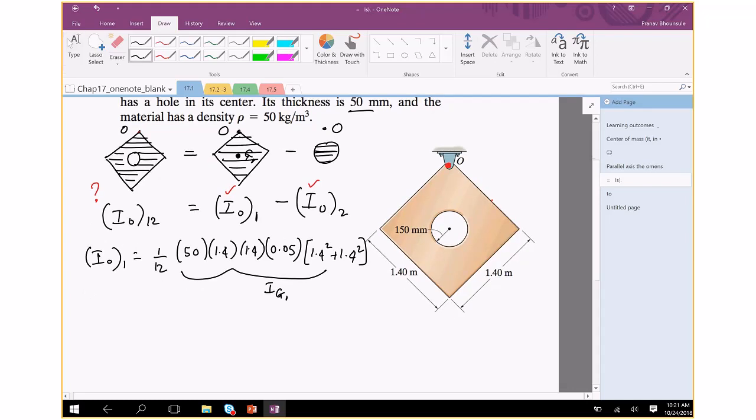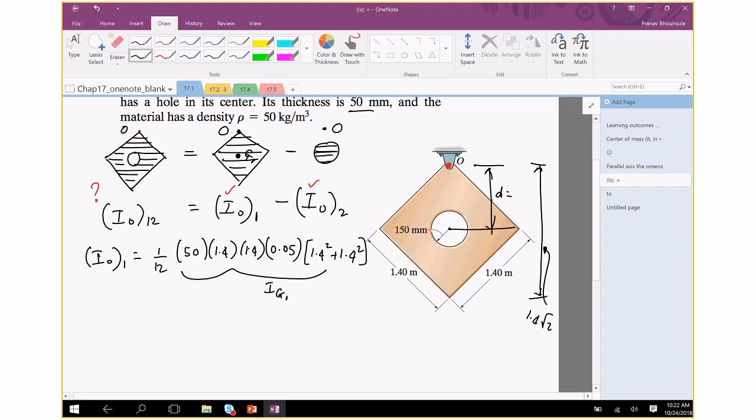But I need to find the inertia about O, which is separated from G by a distance equal to this. This is D. So that distance is going to be, the diagonal of a square plate is, well, it's going to be 1.4 square root of 2.